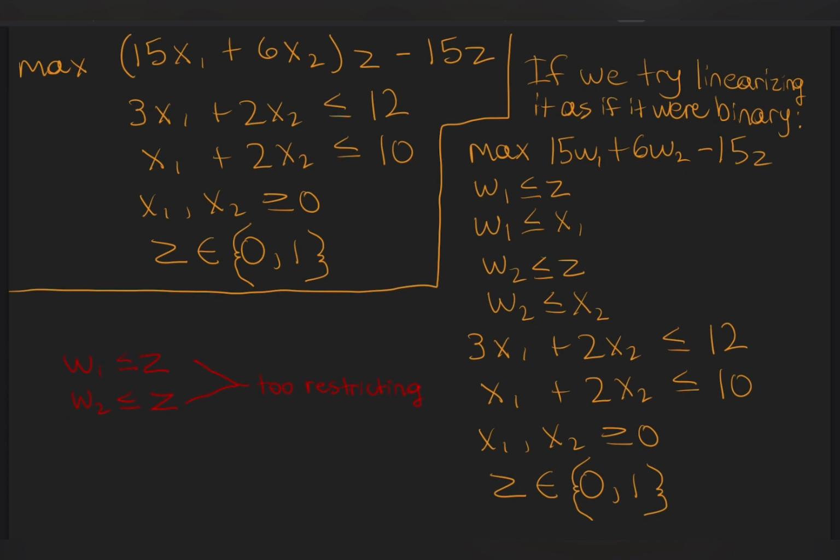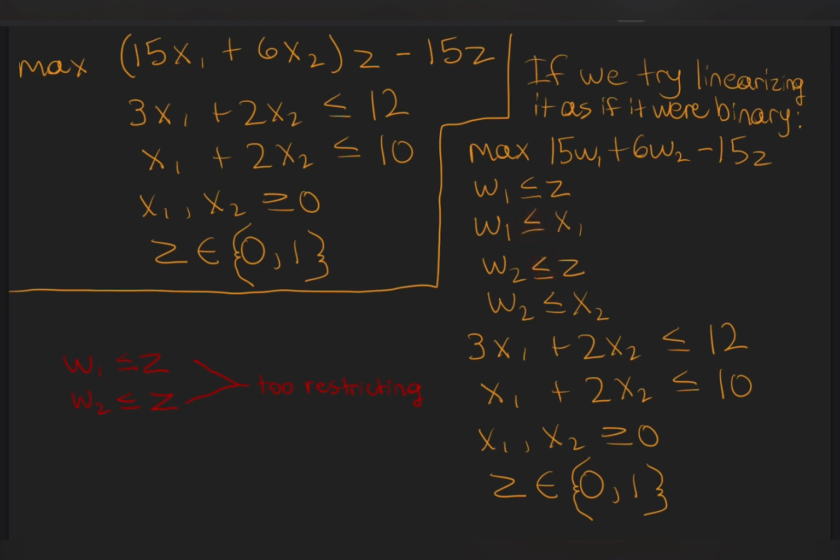The way we would do this if the variables were binary is that we would upper bound the w's, because we're maximizing w. If there was no upper bound, w would keep increasing until infinity. So we have to set an upper bound for w, and we do that with less than or equal to symbols.